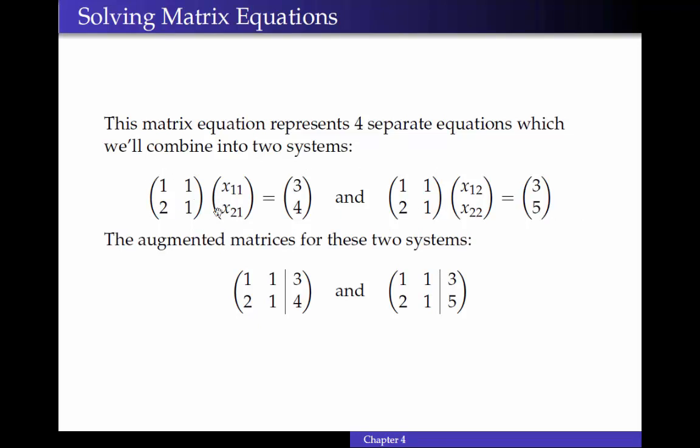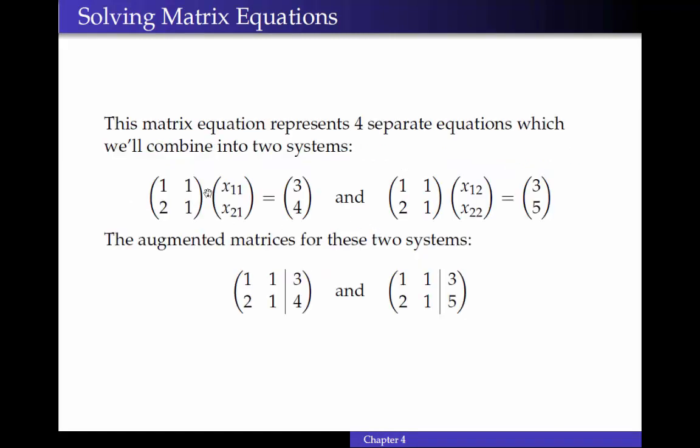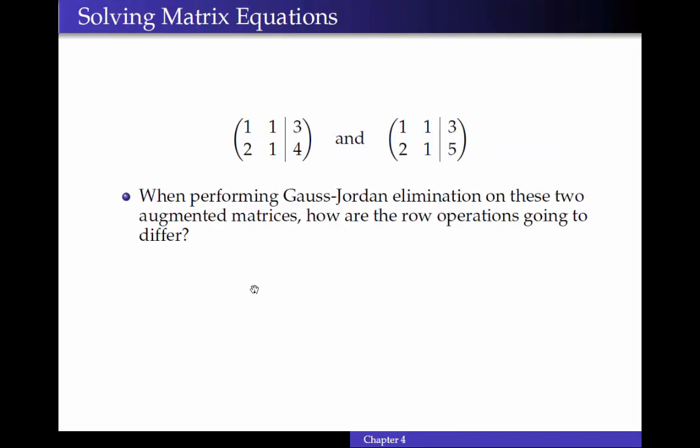It may help you to write out the four equations that are always represented by a 2 by 2 matrix problem, like we did in a previous lecture, and then pair together those groups of equations that make these systems here, because it's the same system with different right-hand sides and different unknown quantities. Okay, so we have two different augmented matrices with the same coefficient matrix.